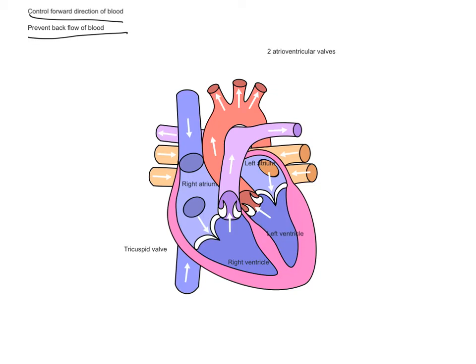And we can see that that is located here. On the left-hand side, the AV or atrioventricular valve is called the bicuspid valve. And that is located just here.